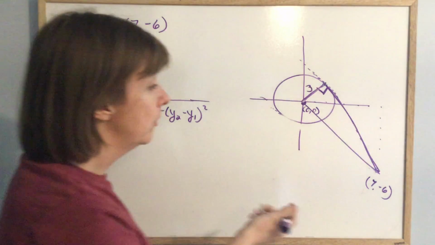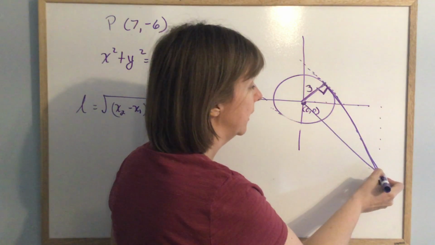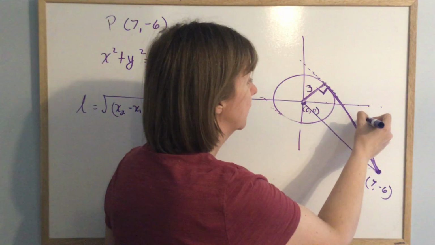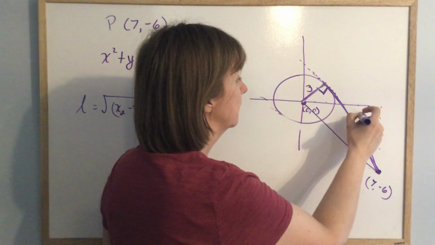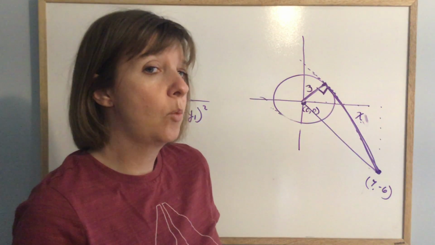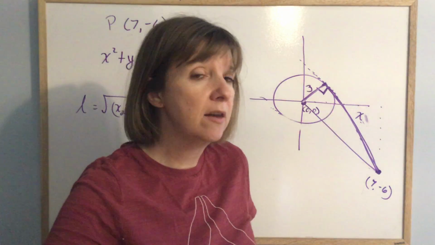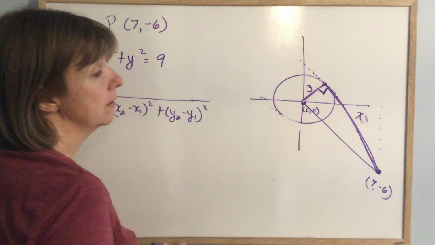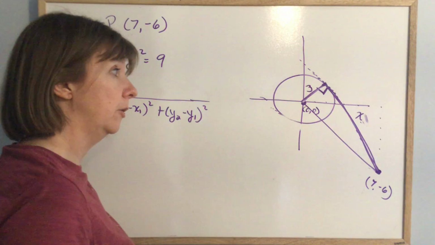But I need 2 points. I'm trying to find the length of this line right here. Let's call it x. But I don't know where that point of tangency is, and I have no way to figure it out. So the fact that this is a right angle triangle actually helps me.